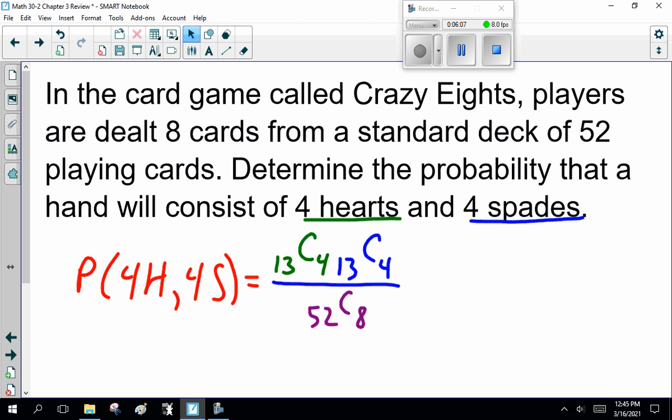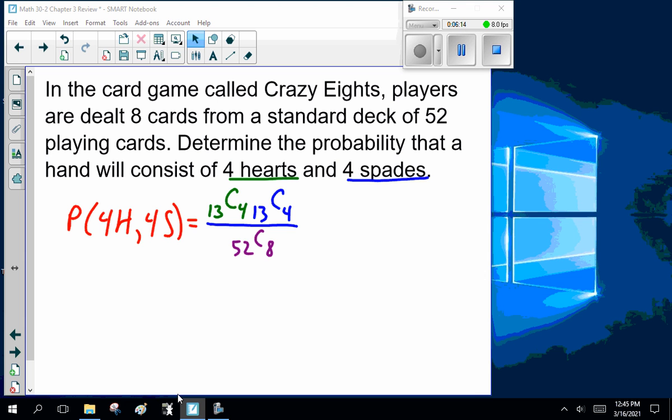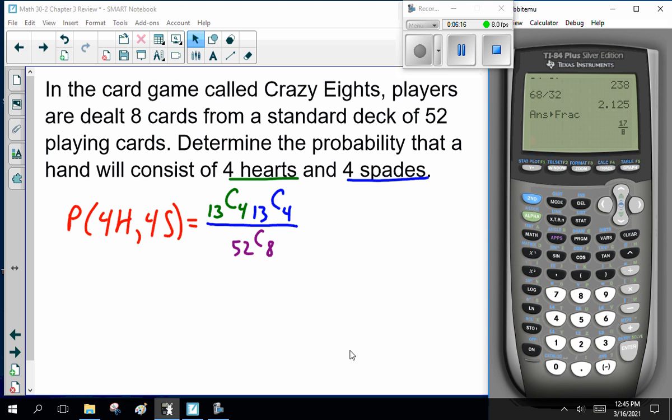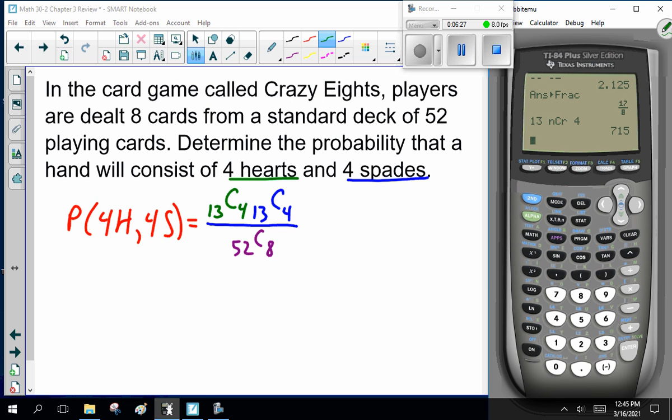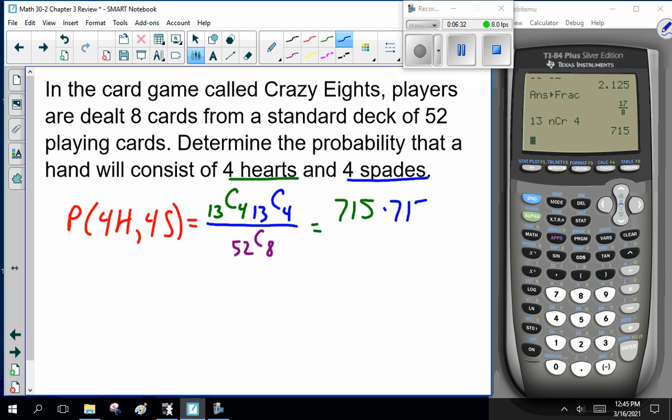So to do this, I'm going to pull out Mr. Calculator, and I should be on the board here. There we go. So 13C4. So if you want to get picky, this is 715 times 715 divided by 52C8.